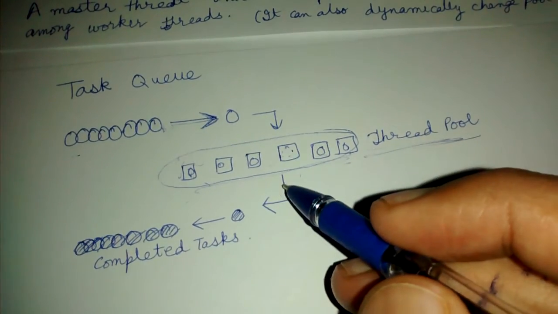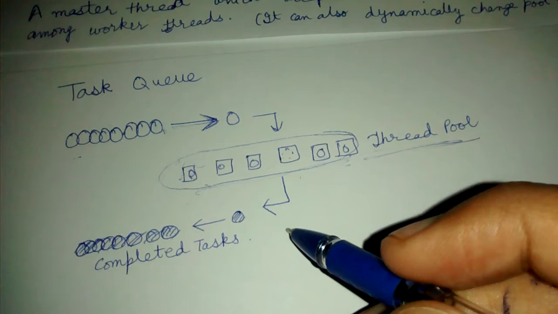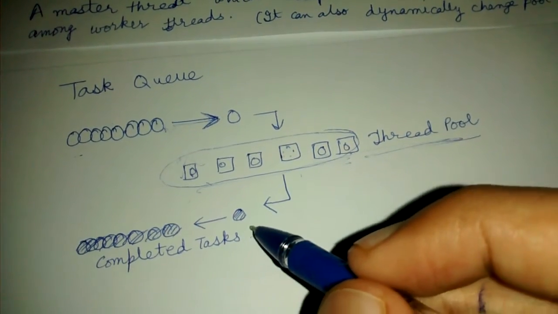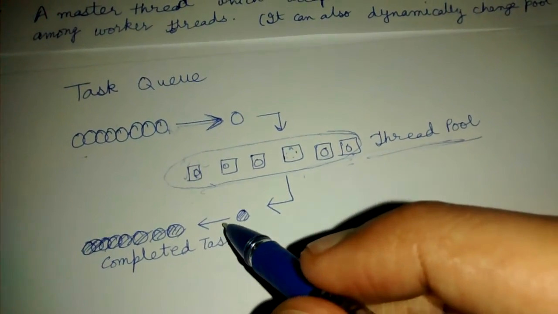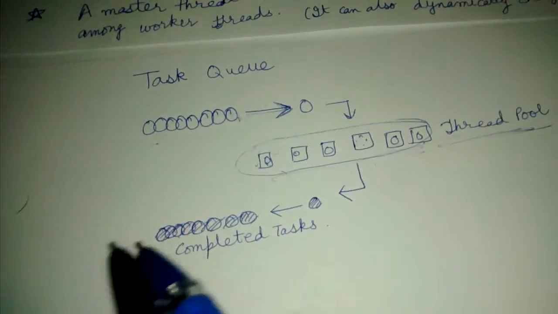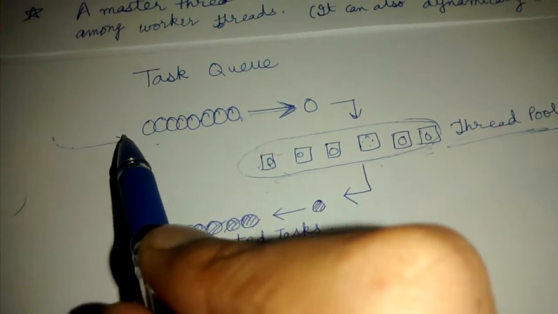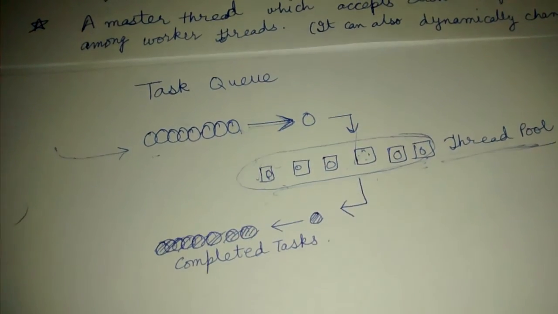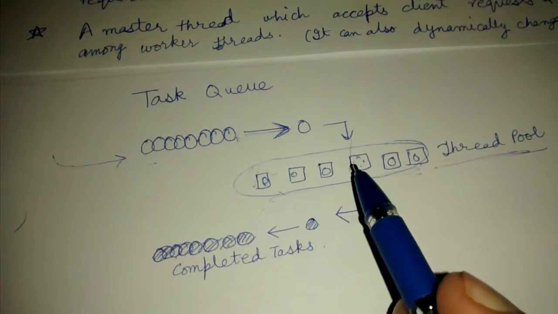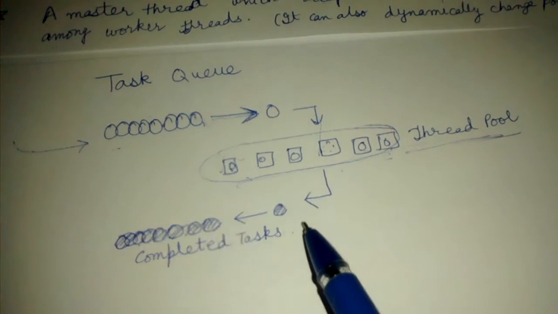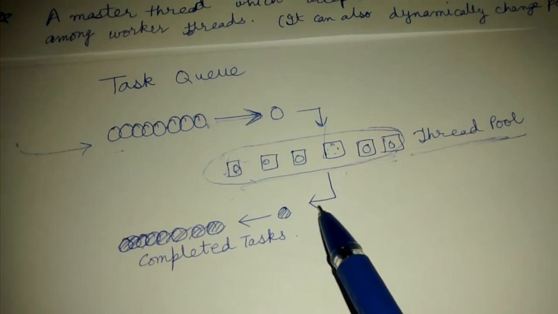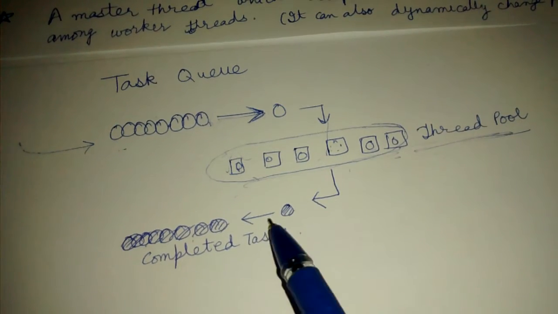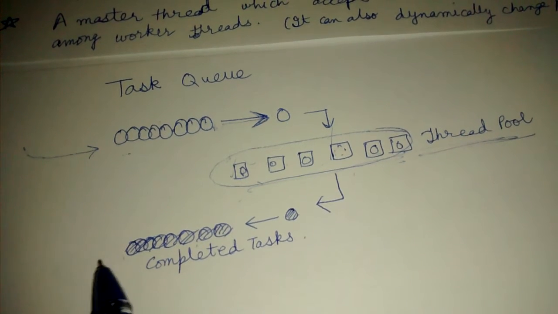And as soon as that task gets executed, it's being added to the new queue, which is the completed tasks queue. So let's say client requests for a task, then it will be first added to the queue, then a worker thread will pick up the task from the queue, and then when it is completed, it will push the task into this completed tasks queue, and the client will get response from here.